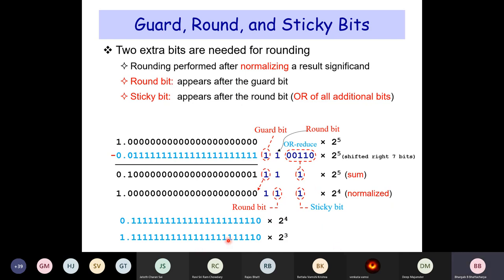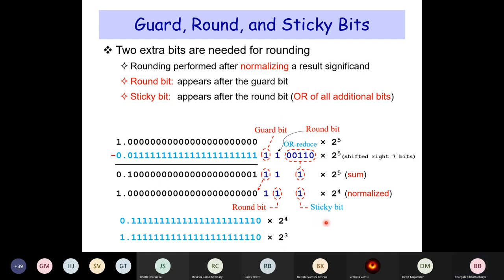So please go through this example, and this gives you some idea how these 3 bits are managed. Well, this is just for the completeness of the discussion. The actual mechanism and rounding techniques are much more involved, because in IEEE there are 4 types of rounding operations. We are not going to discuss them in detail. I just want to give you an overall idea of how these bits can be used to improve the accuracy.